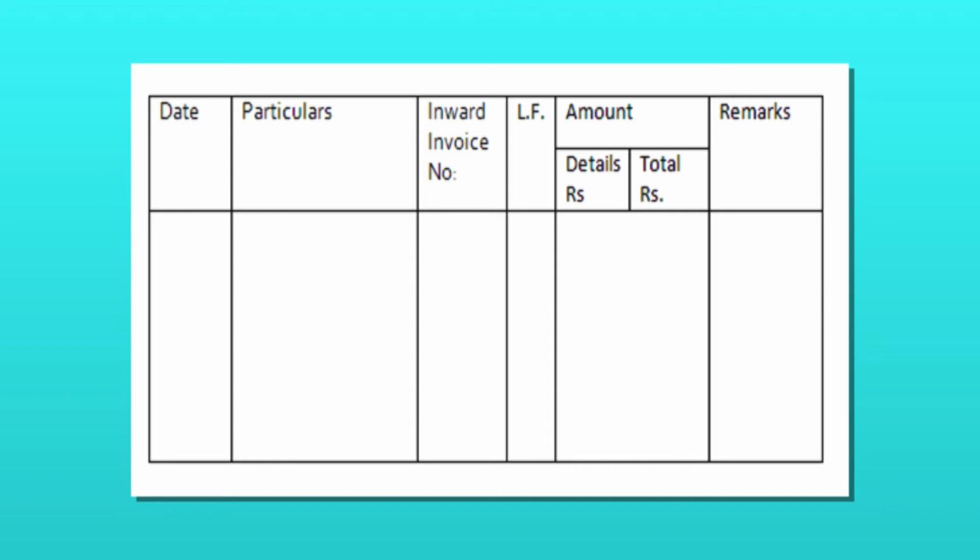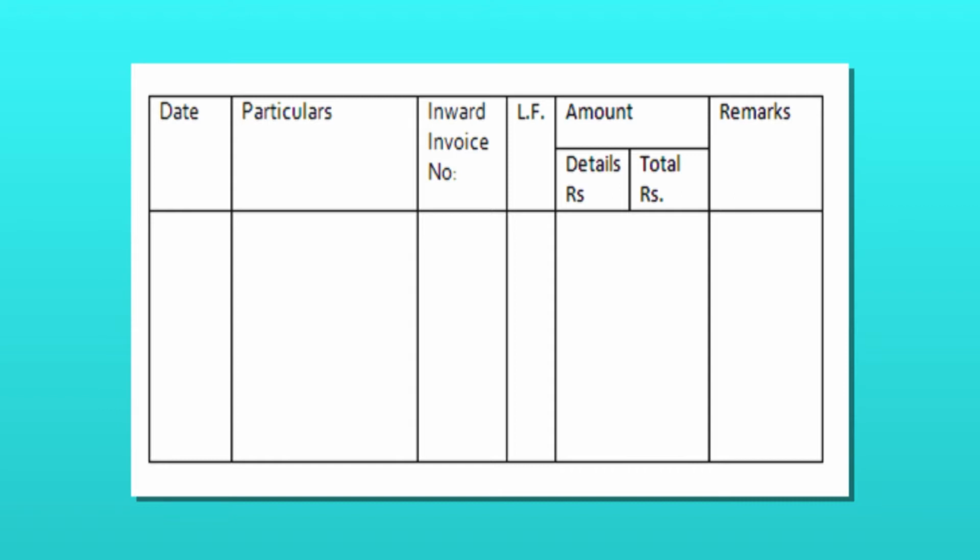In this column the description about the transaction is recorded. Then the third column is inward invoice number.